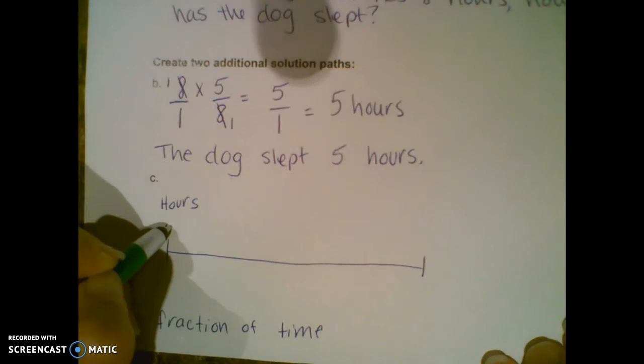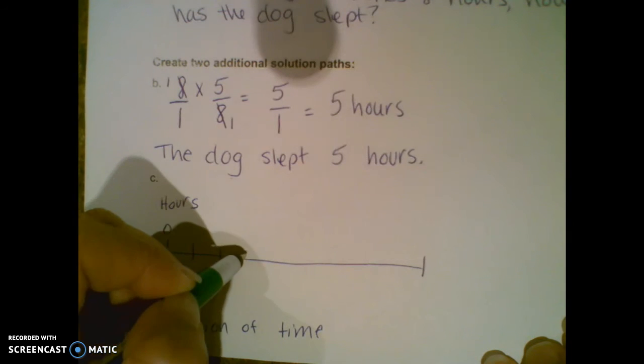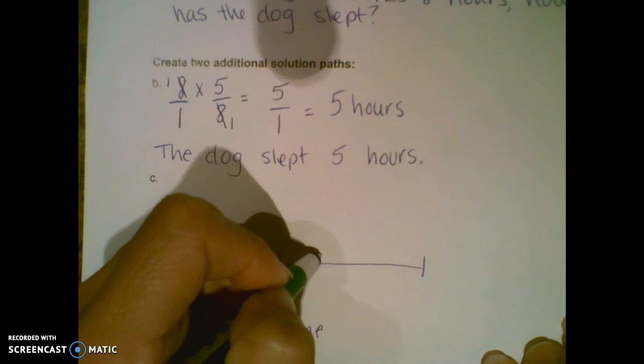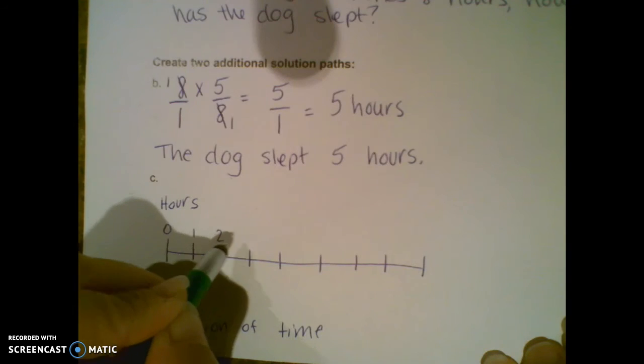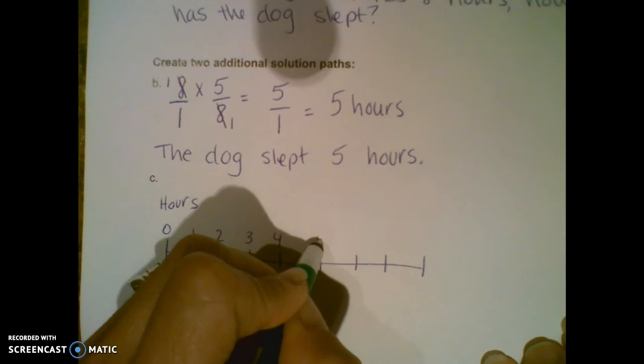So this is 0, 1, 2, 3, 4, 5, 6, 7, and then here's 8. Those are the hours.